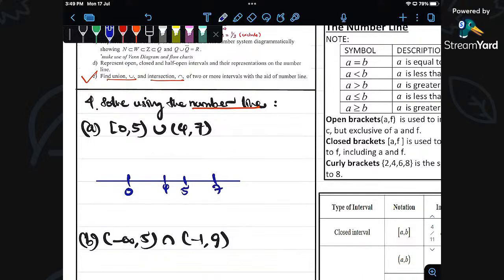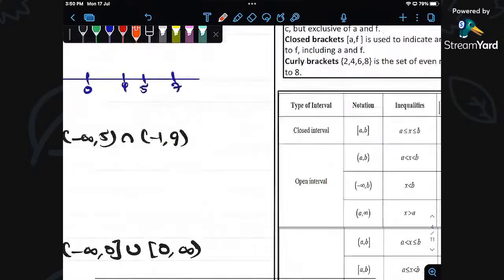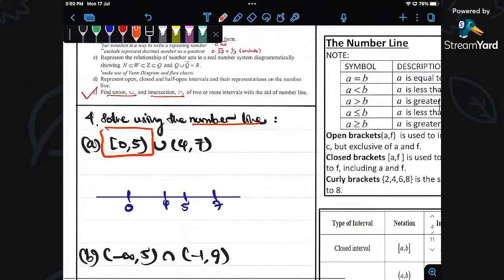So now kita cari dulu bahagian yang pertama. Kita lukis dulu from 0 to 5. Sorry, this is half open. Nama tu tidak penting sangat.